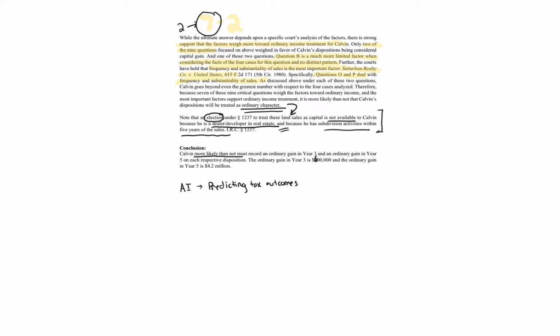I think it helps a lot. It also materializes things. We looked at the percentage. When I actually put in the facts of our case, Calvin's case, into AI software, I got a 61% chance that it's treated as ordinary, and I'll show you what the output looks like later on. But the idea is that this could be helpful, but just, again, keep in mind your audience and how you're using that.